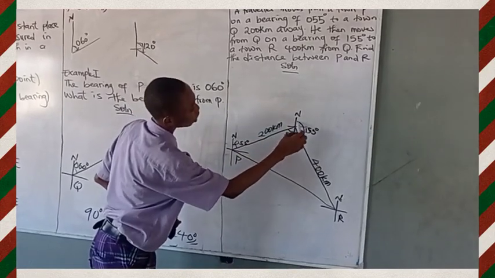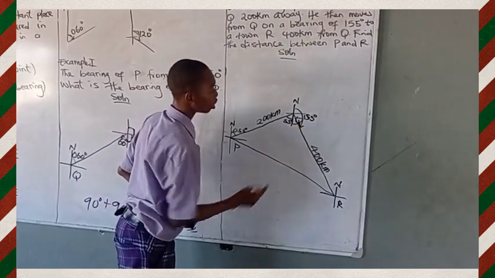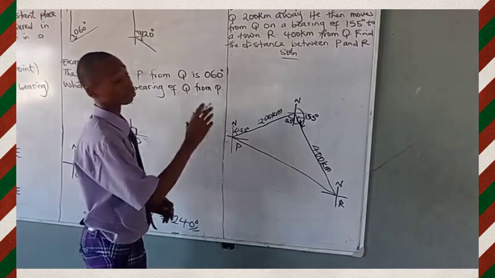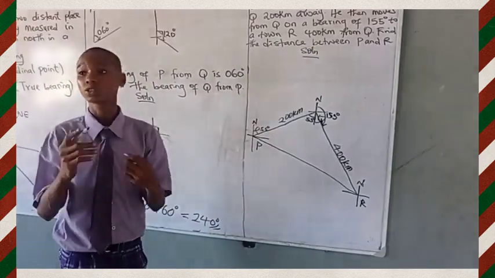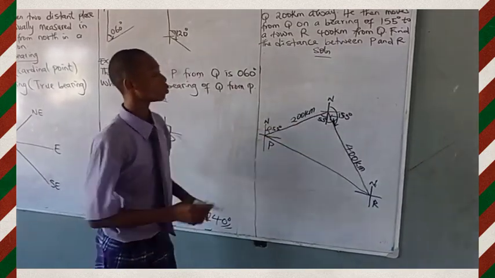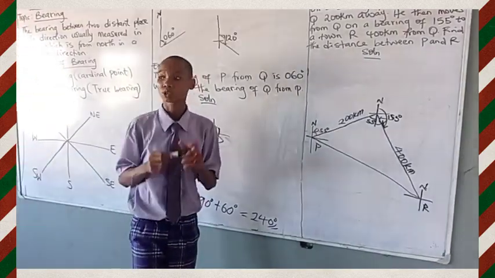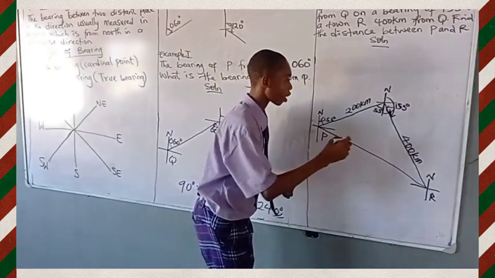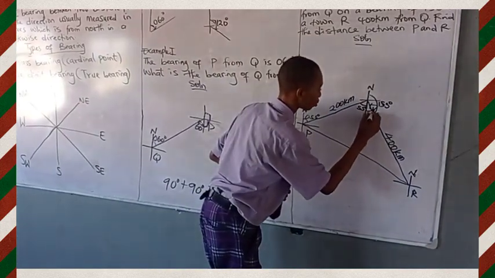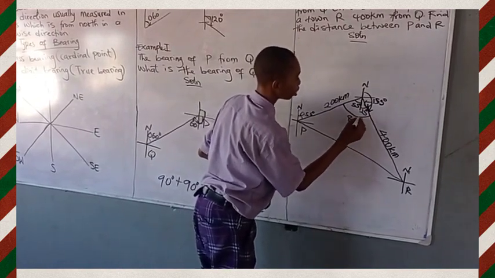So to get the angle here, it will be 180 minus 155 degrees, and 180 minus 155 degrees is 25 degrees. So the whole of the angle here in this triangle is 80 degrees.